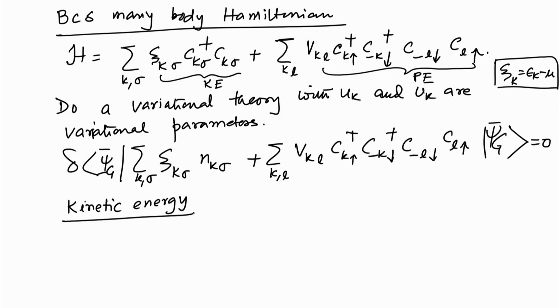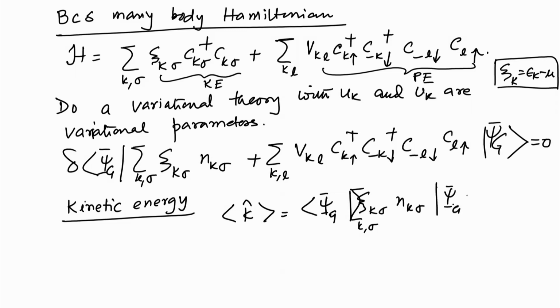Let us call this the kinetic energy operator, which is the expectation value in psi_G of the sum over k sigma of xi_k n_k sigma. This you should work out, and we almost got this when we did the average number. This comes out to be 2 sum over k v_k square xi_k.